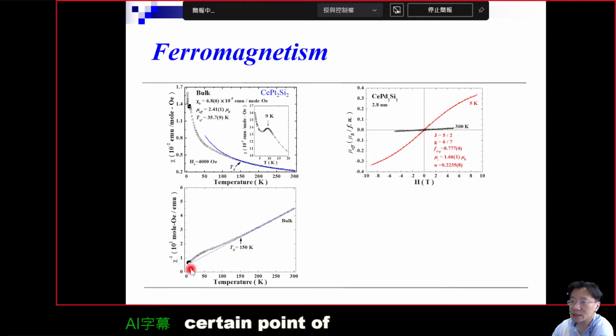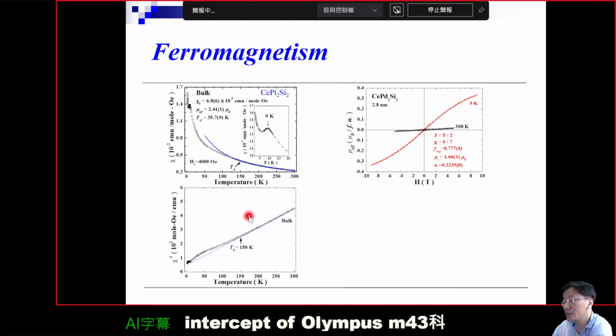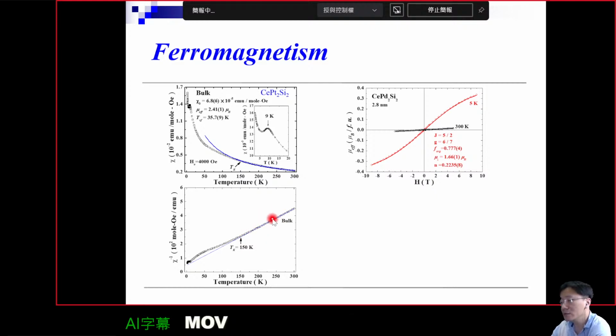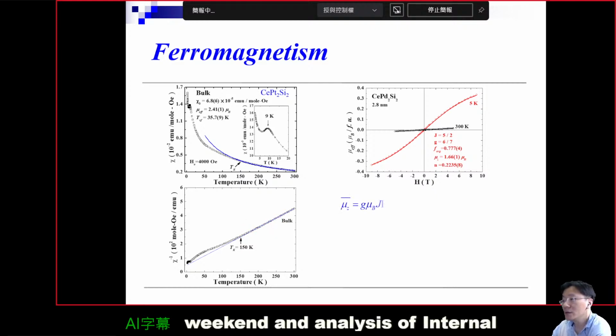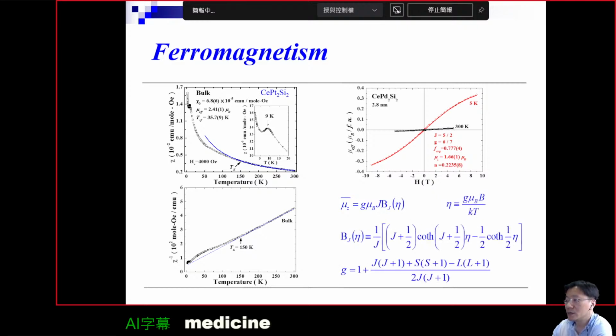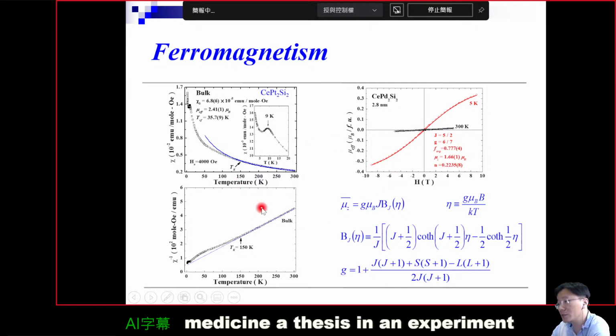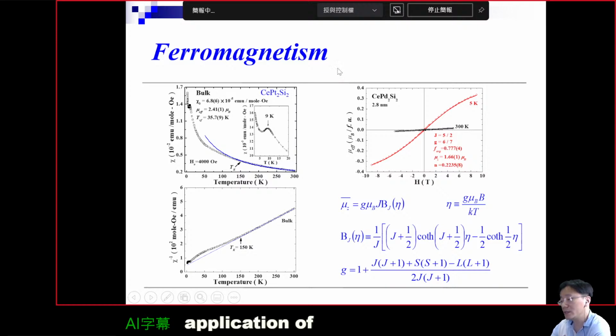Then we will get the Tc from the intercept. And from the Tc, we can evaluate the lambda and know the strength of the internal magnetic field. Okay, so this is an experimental demonstration for the application of the ferromagnetic theory.